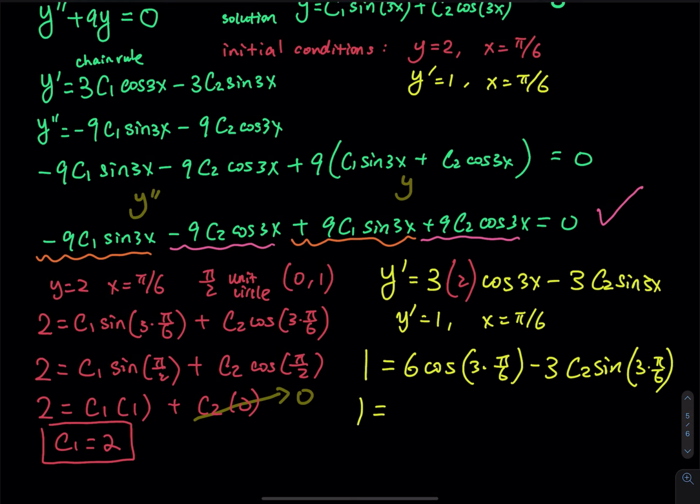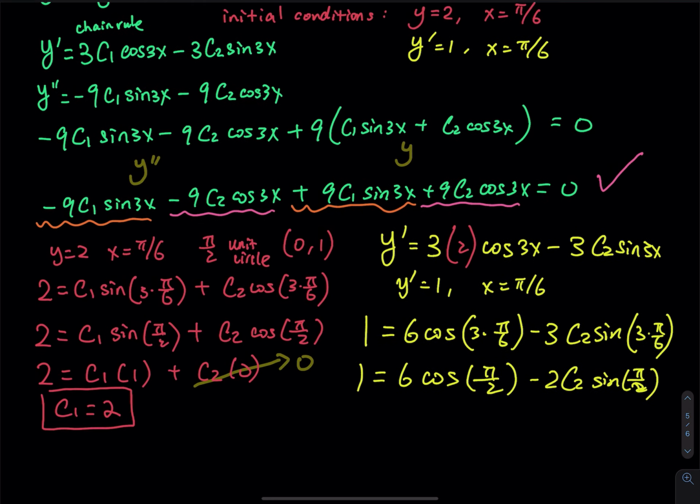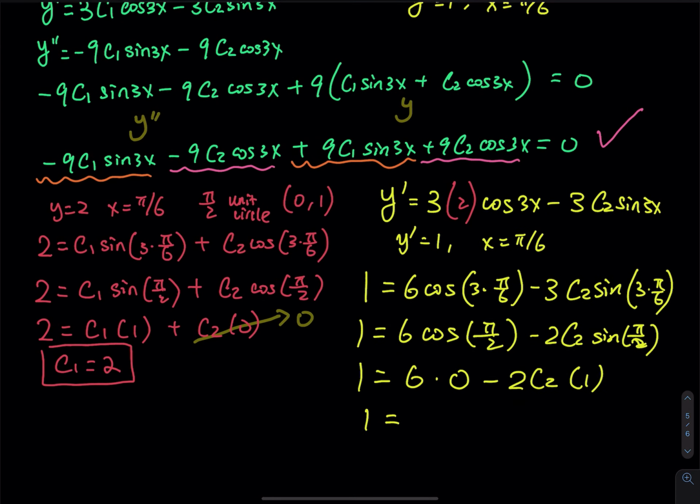So 1 equals 6 times cosine pi over 2 minus 3c2 times sine of pi over 2. So cosine of pi over 2 is equal to 0. So 1 equals 6 times 0 minus 3c2 times 1. So overall, we have 1 equals negative 3c2, right?